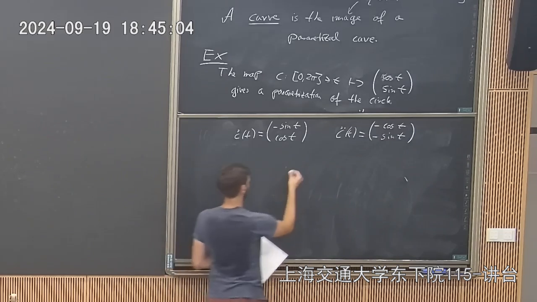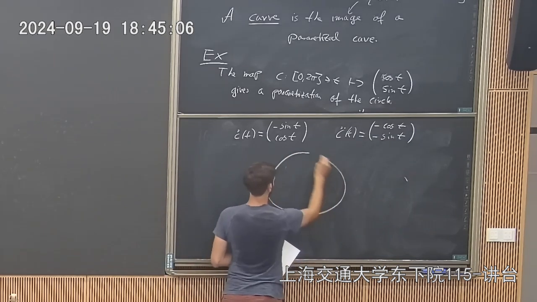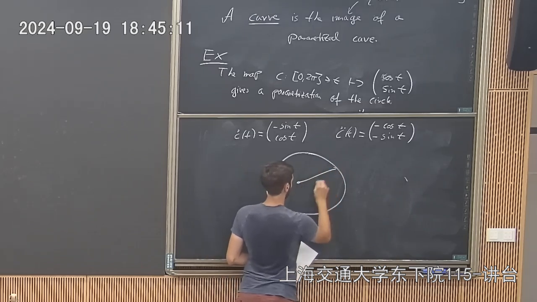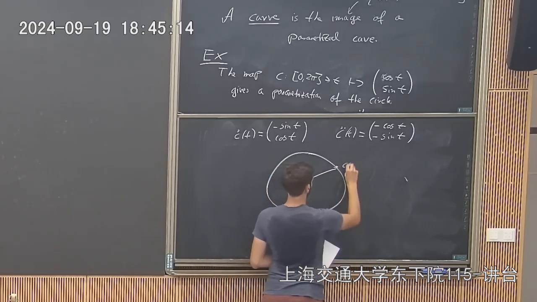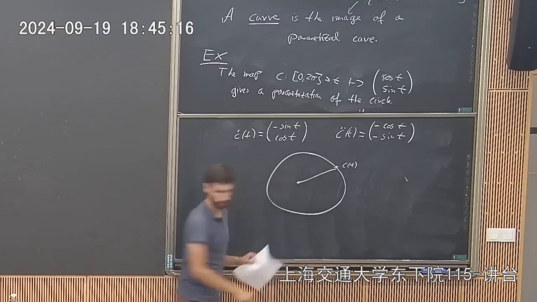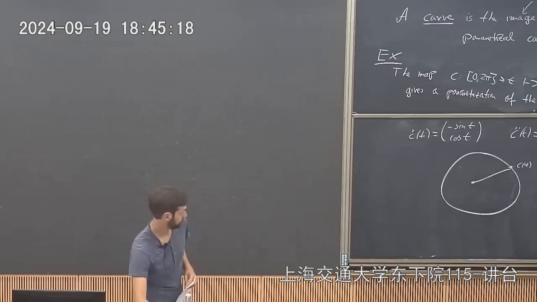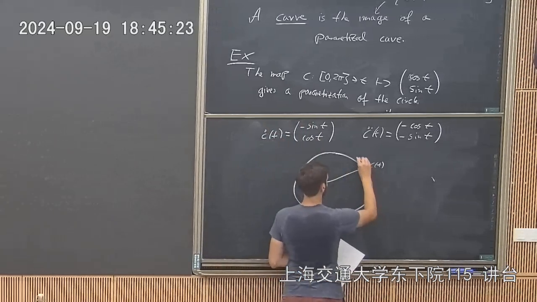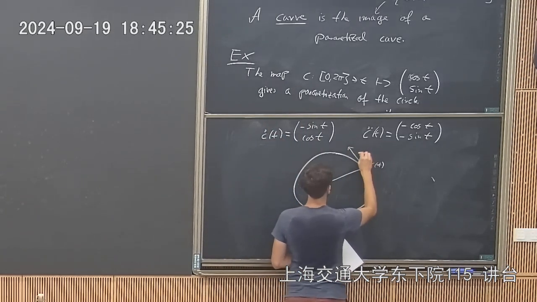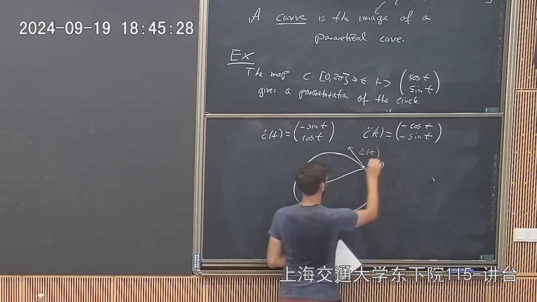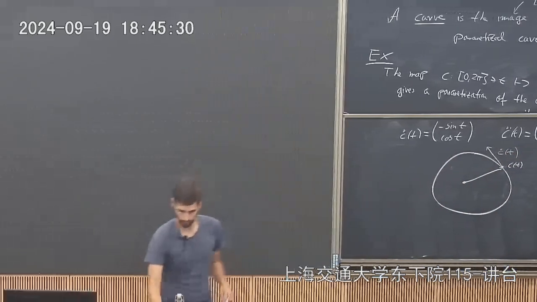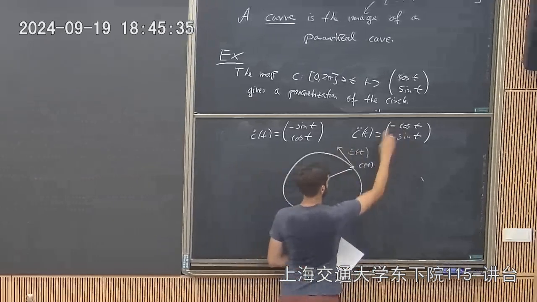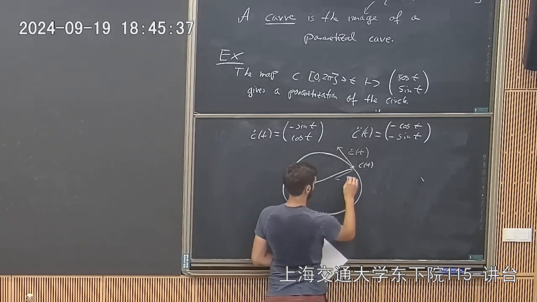And of course the picture I think is familiar: we have this map, and then this one gives us c of t, and then we have the velocity, which is a vector that goes in this direction, so that would be this vector, and the acceleration is going back to the origin.